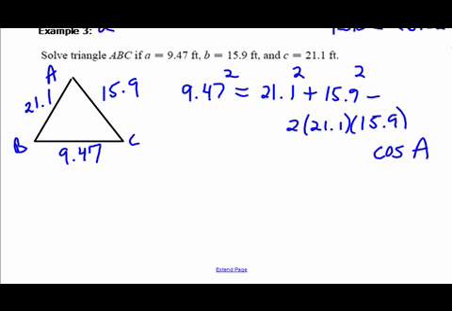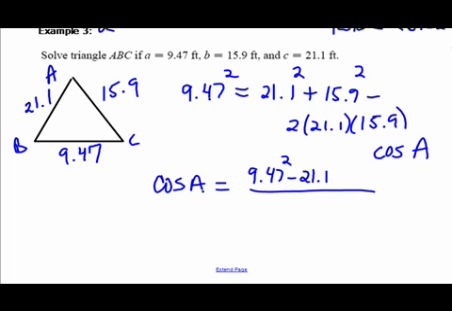And here's where I'll solve this equation for cosine A. Cosine A is equal to, on the bottom, we're going to end up dividing both sides by -2 times that product. But up top, we're going to have 9.47 squared minus 21.1 squared minus 15.9 squared, and then I divide both sides by -2 times 21.1 times 15.9.